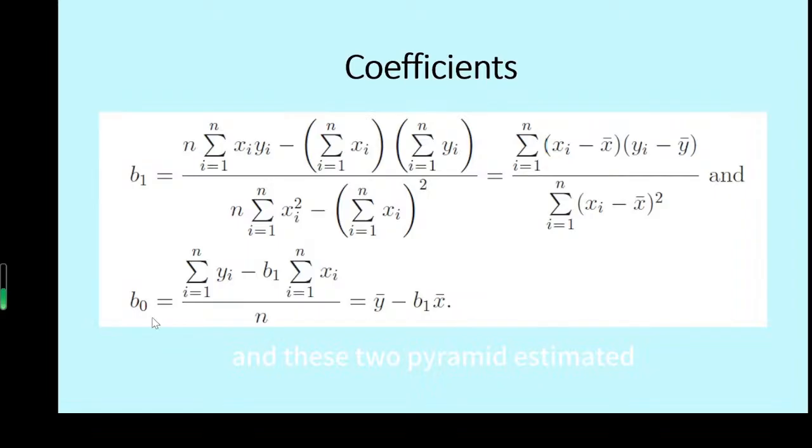And these two estimated parameters, also called the point estimates for intercept b0 and slope b1, come from the observed data x and y, where x is a deterministic variable and y is a random variable.